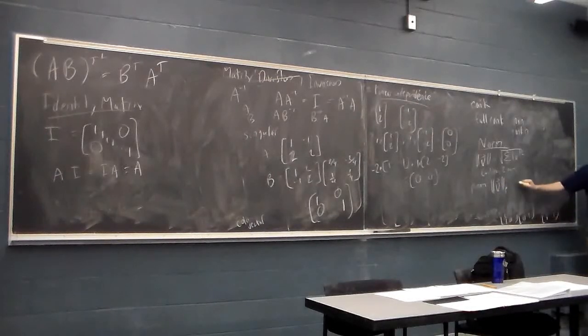That would mean a p-norm. And a p-norm is defined as the pth root of the sum from i equals 1 to n of the absolute value of v_i to the p. So the 2 norm is just the p-norm for p equals 2, but we could define this for any other kind of norm we want to.